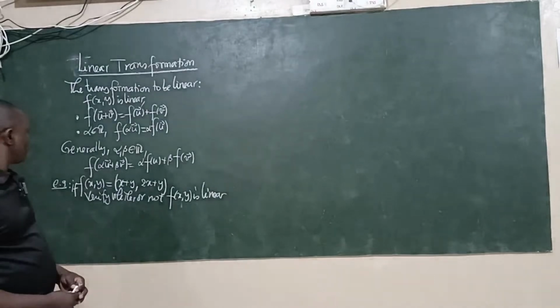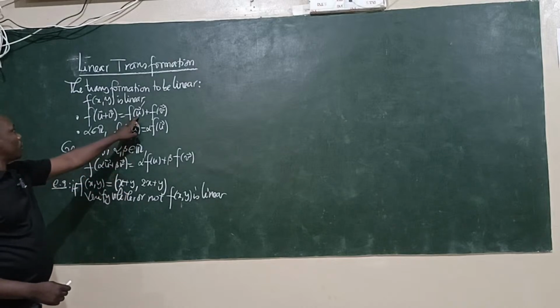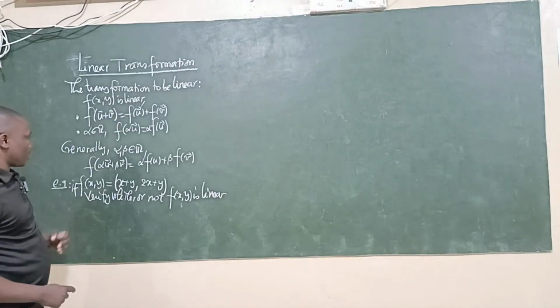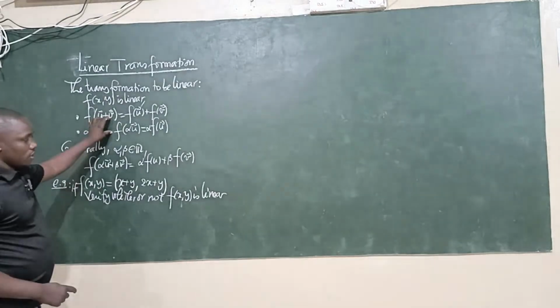As I told you, for this f to be linear, we must have vector u and vector v. Now let's answer the question. We can use this formula or these two formulas.